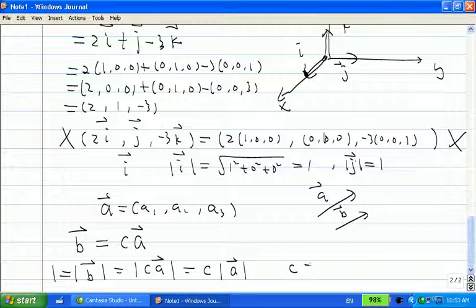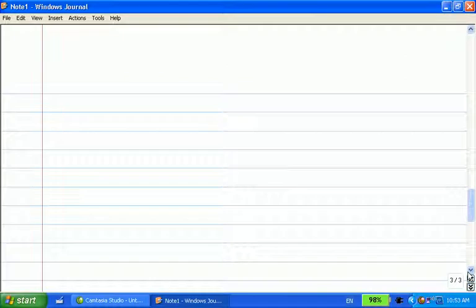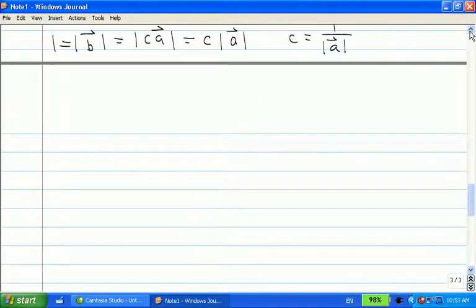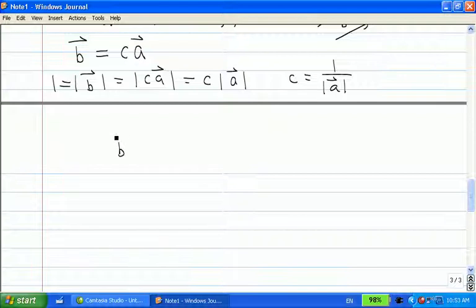That means your c must be 1 over the magnitude of A. So you put it back here, replace your c by this, and this way you find vector B. Remember, the coefficient of vector A is a scalar. A scalar times A, if this scalar is positive, will not change the direction of A, but only changes the magnitude.